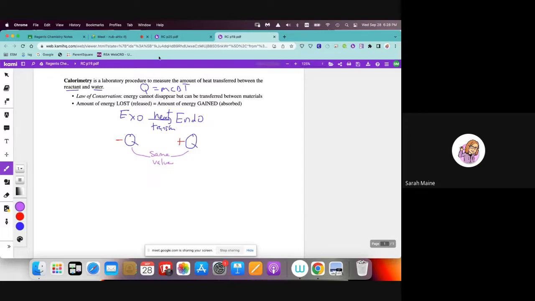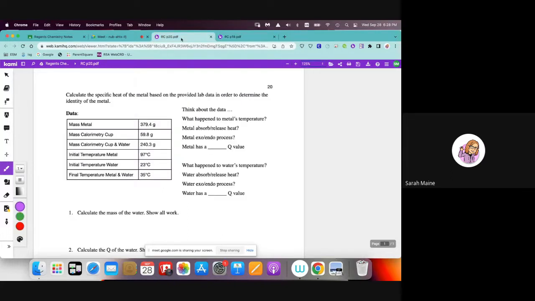So we're going to look at page 20 and take a look at some lab data. So here is lab data that was collected during a simple calorimetry lab procedure. So notice in this lab, we're using some sort of metal and then water. So our one material is metal, the other one is water. So let's first take a look at the data.